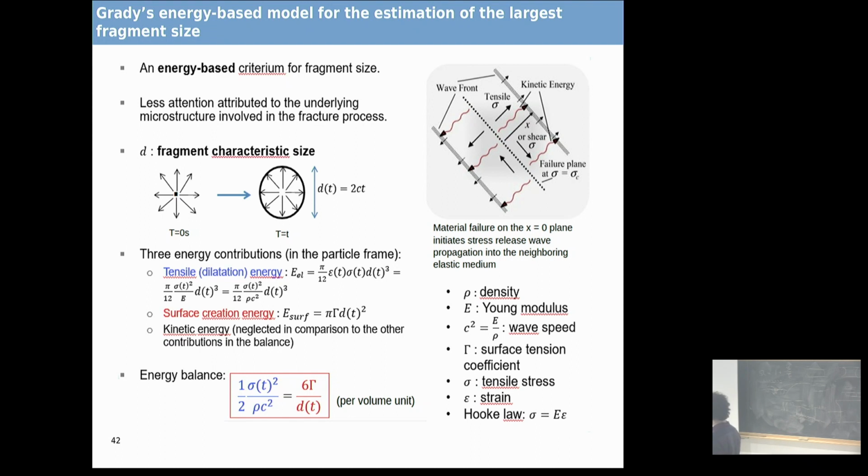To find the typical fragment size, it is just a competition between the tensile, the dilatation energy inside the particle, which is given by this expression, and the surface creation energy, which is needed to build surface when fragments appear.